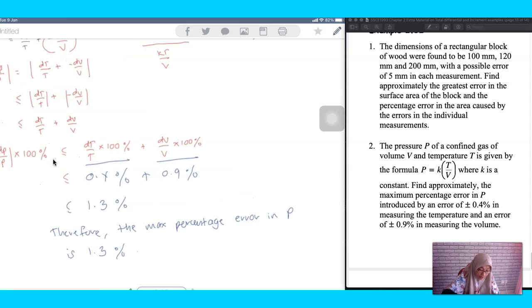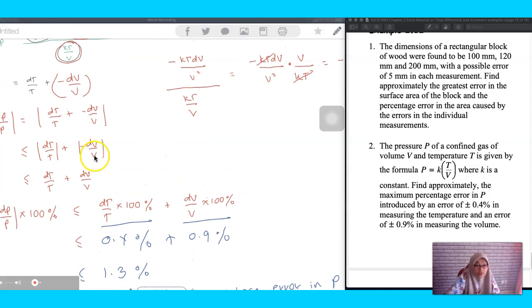The most important thing here is when you see the negative, you must provide me the positive. You have to make it positive. This part is very important.